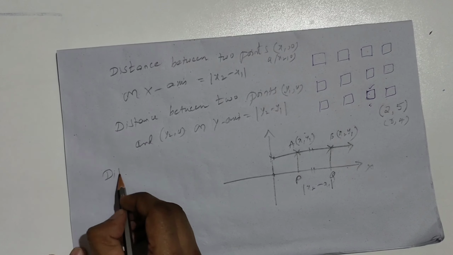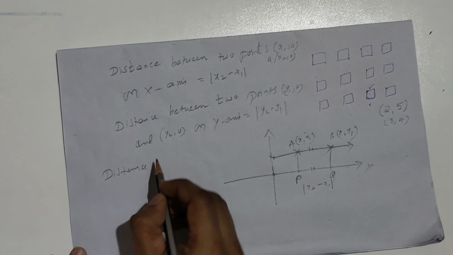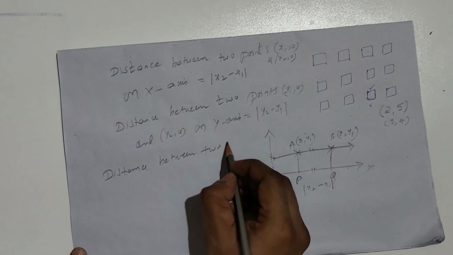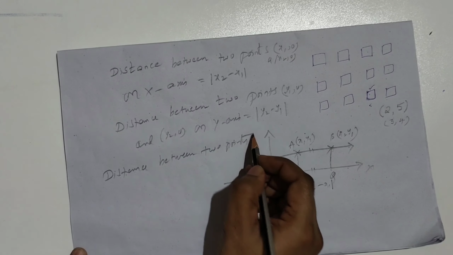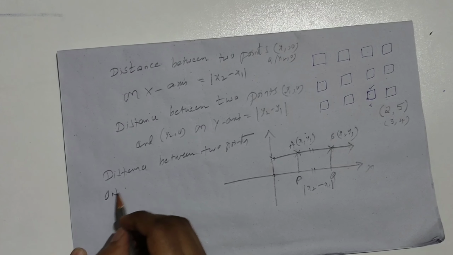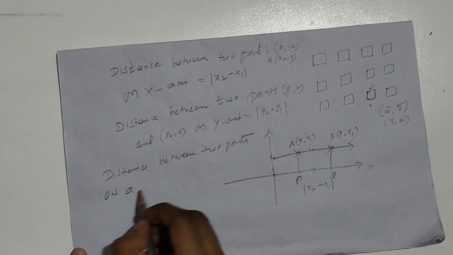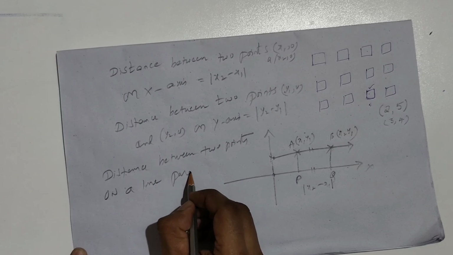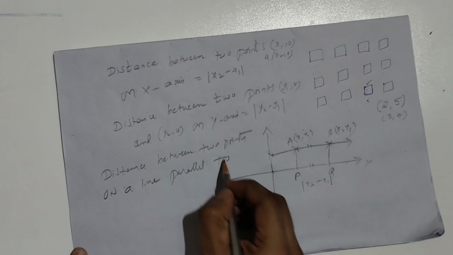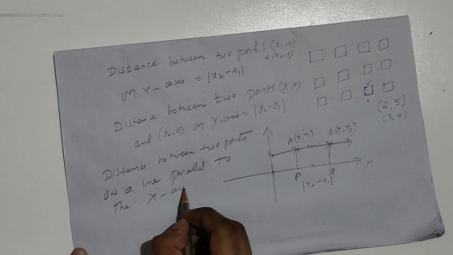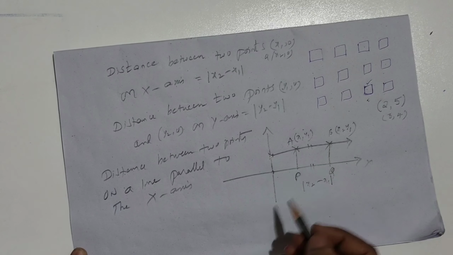So distance between 2 points on a line parallel to the x-axis.